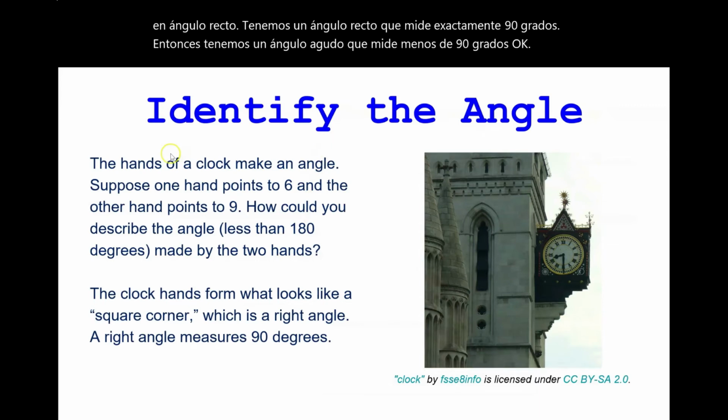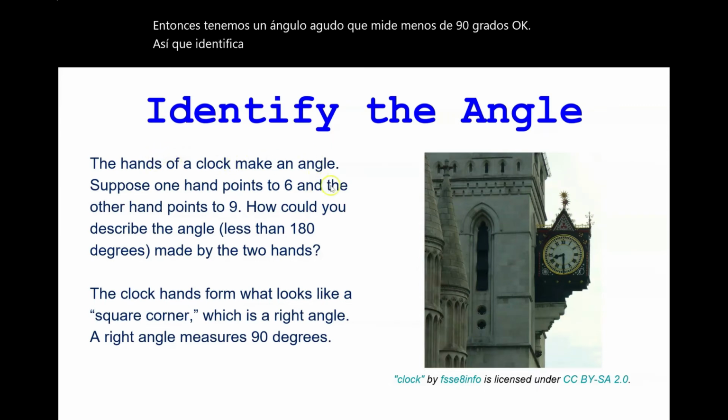So identify the angle. The hands on a clock make an angle. Suppose one hand points to 6 and the other hand points to 9. How could you describe the angle made by the two hands? So one hand is pointing to 6, which is down, and the other one is pointing to 9, which is like this.